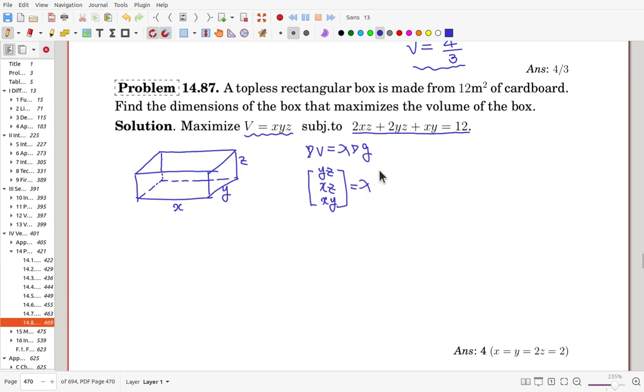And lambda times: the x derivative is 2z plus y. Now the y derivative is 2z plus x. Now for the z derivative, we have 2x plus 2y.